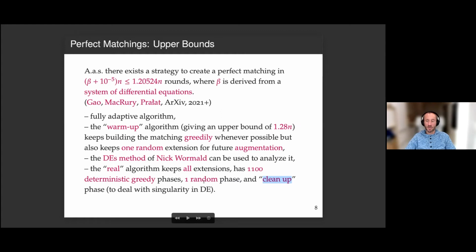So there are different components. To get the Beres constant, you have to do greedy phases, then kill the rest with just a random phase, because you don't want to consider too many phases.